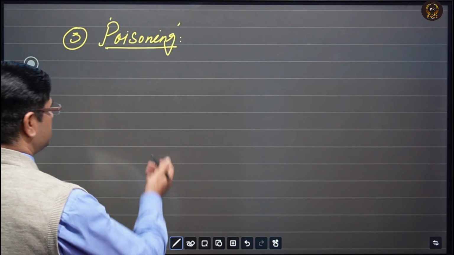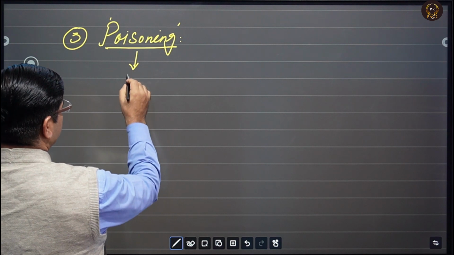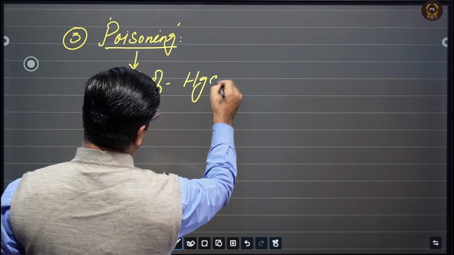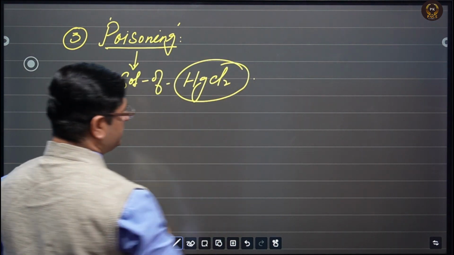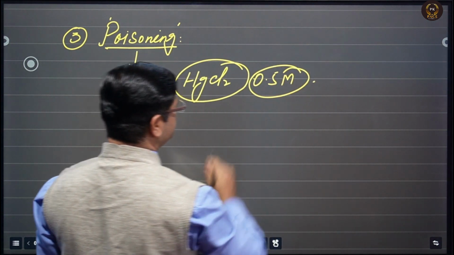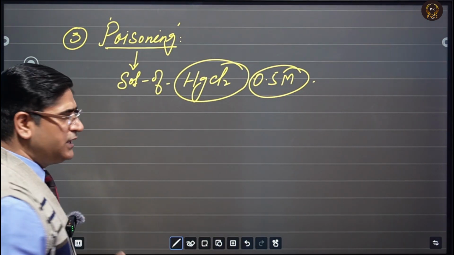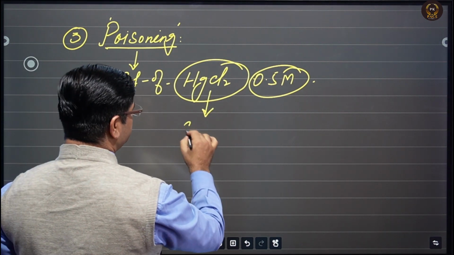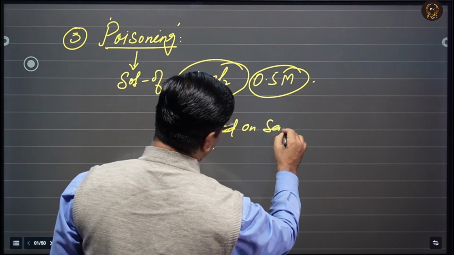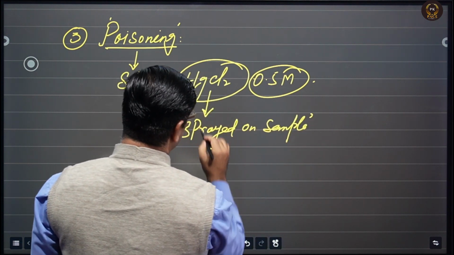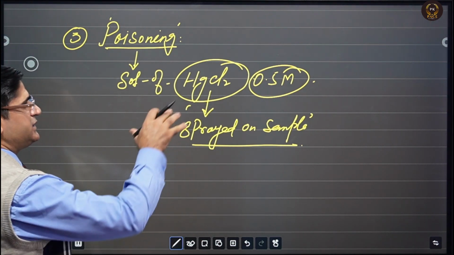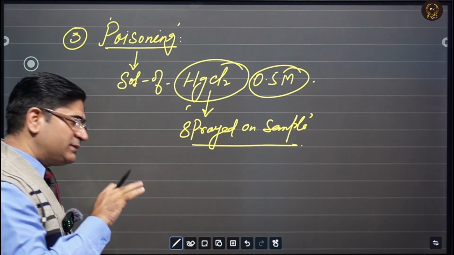So for that purpose, a solution of HgCl2, mercury chloride, is prepared. This 0.5% molar solution of mercury chloride is going to be sprayed on the sample. This solution prevents contamination from bacteria as well as fungi.